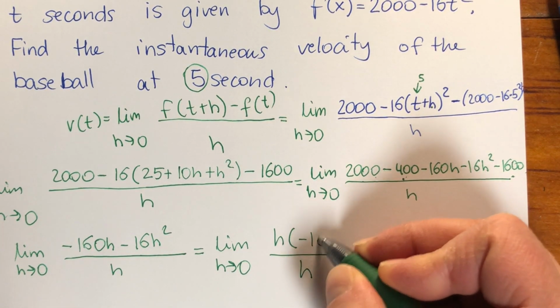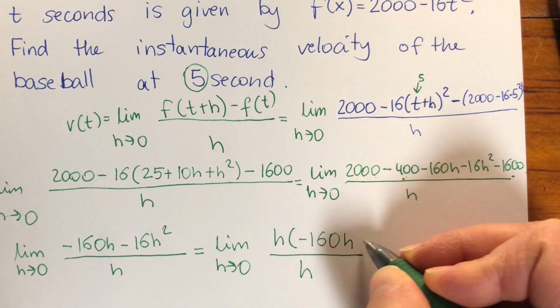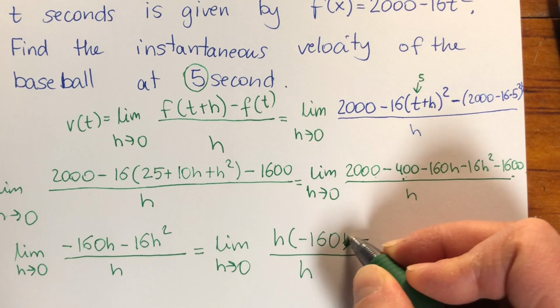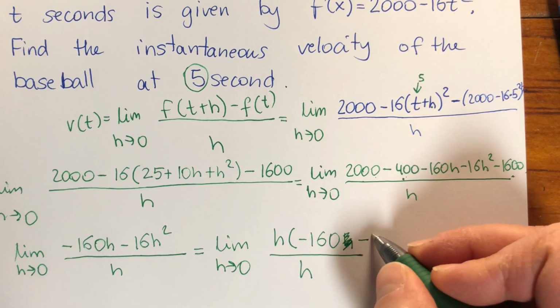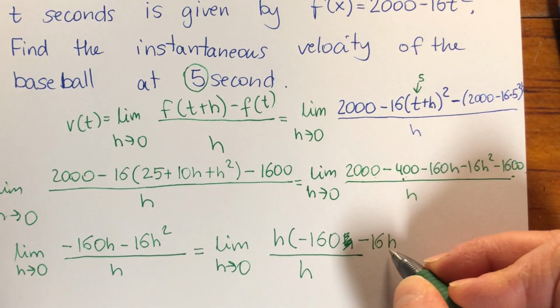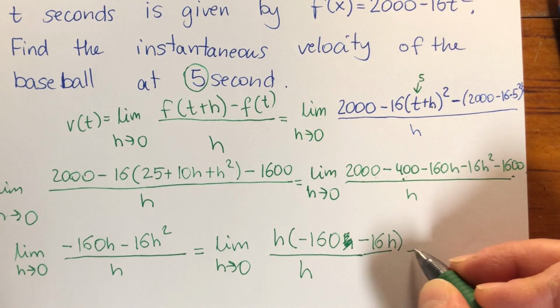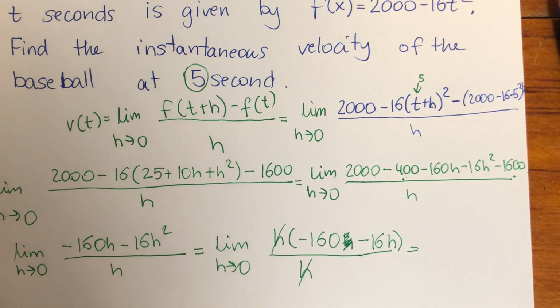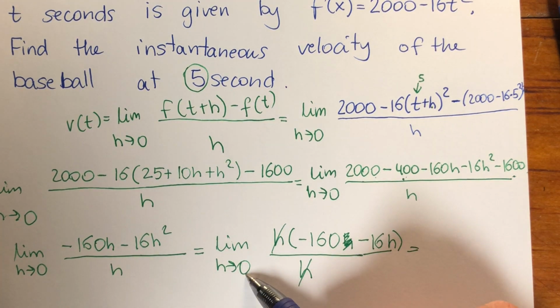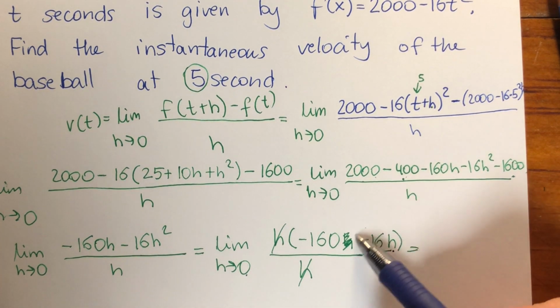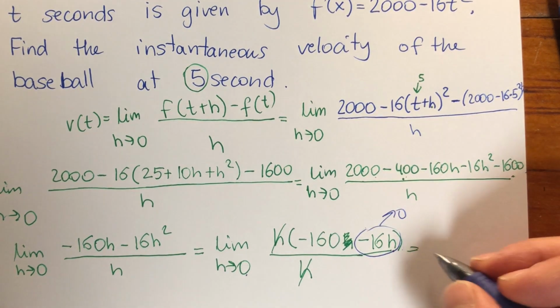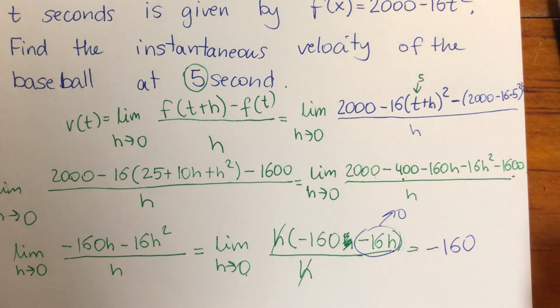So I have h times, no, not h right here, 160 minus 16h. And h and h cancel out. Once you figure this out, we will plug in 0 for h. This is going to give me 0. And my answer is negative 160.